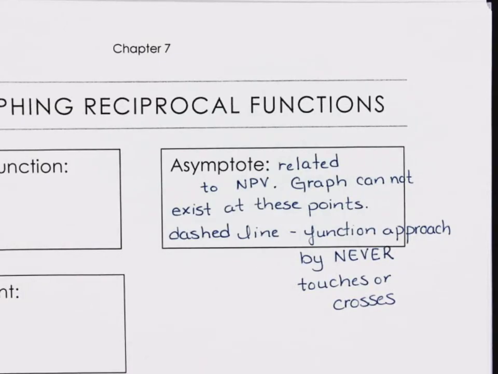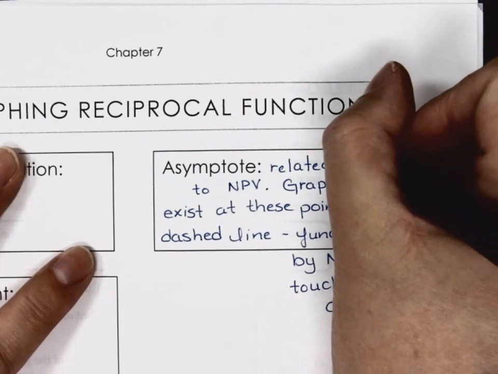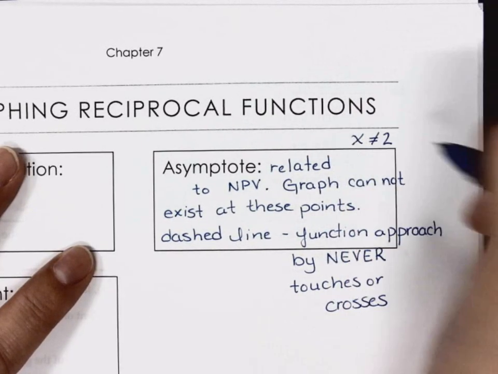So these are kind of like your no-go zones. They're just straight lines on the graph. They are vertical lines. Do you know what a vertical line is? Up, down, right? So, vertical axis, vertical line. They're related to our non-permissible values. Let's say our NPV was x cannot equal 2.